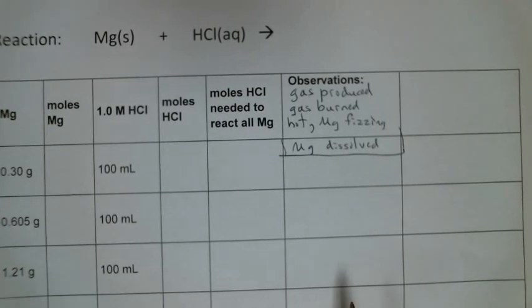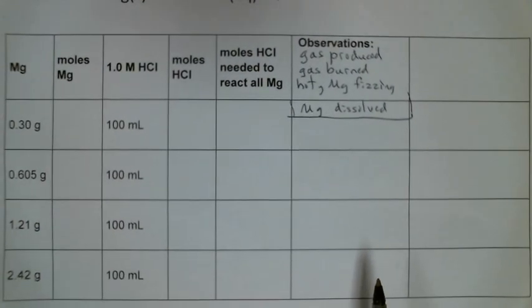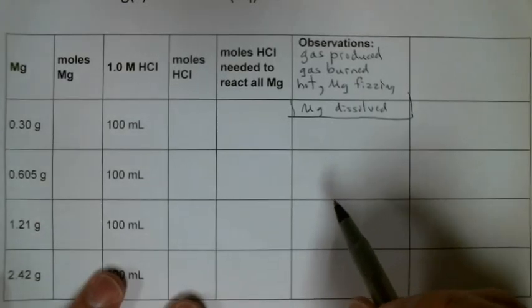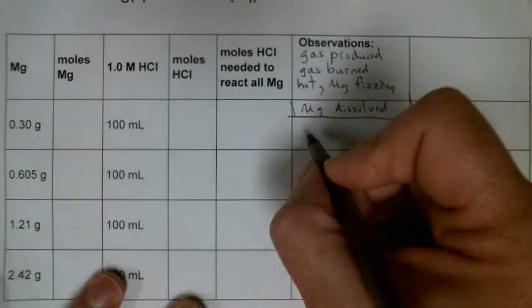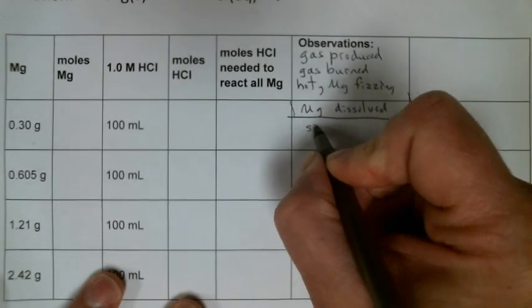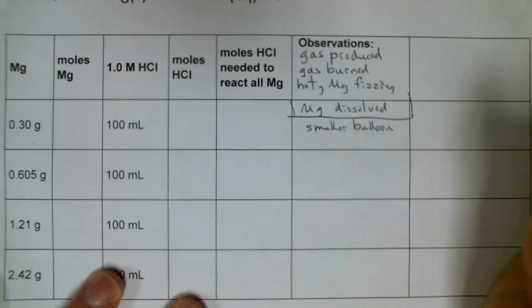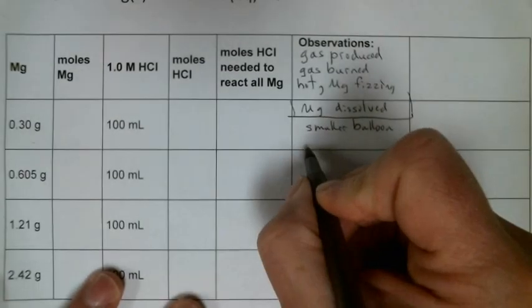All right, now what about the balloons themselves? What about the balloons did we notice? Well, in the first flask with 0.3 grams, this was a smaller balloon, and all of the magnesium was gone.